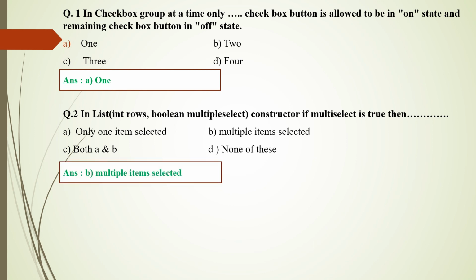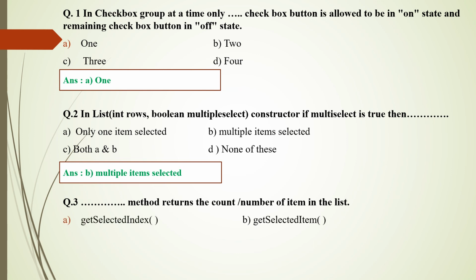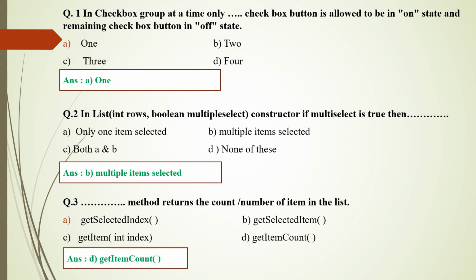So the answer to the question is multiple items selected. Last question: dash dash method returns the count or number of items in the list. Options are getSelectedIndex, getSelectedItem, getItem, getItemCount. So the answer to this question is getItemCount. The method returns the count or number of items in the list.